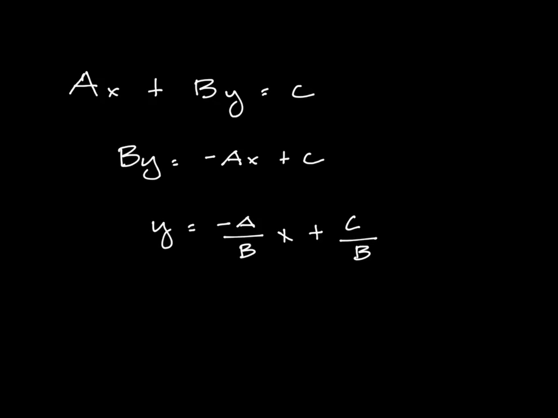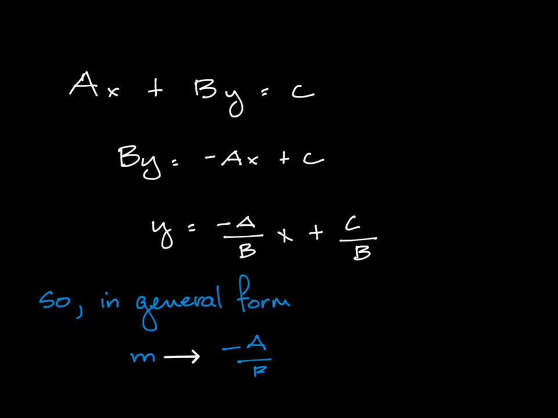We look at that and we say, well, the slope is the number in front of the x, so that's going to be negative a over b. So in general form, the slope is going to be negative a over b. And then that last number, c over b, is going to be my y-intercept. So if an equation is in general form, we can just read the slope and y-intercept from the equation. We don't have to solve for y.